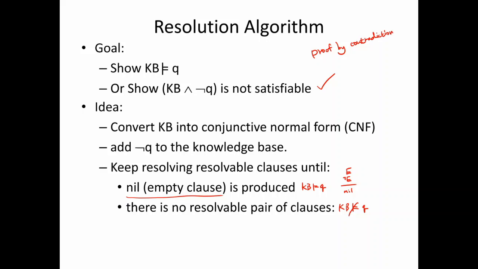And nil is basically a contradiction. So by adding not Q to the knowledge base, we're hoping to find a contradiction. And if we do find a contradiction, that means Q has to be true.